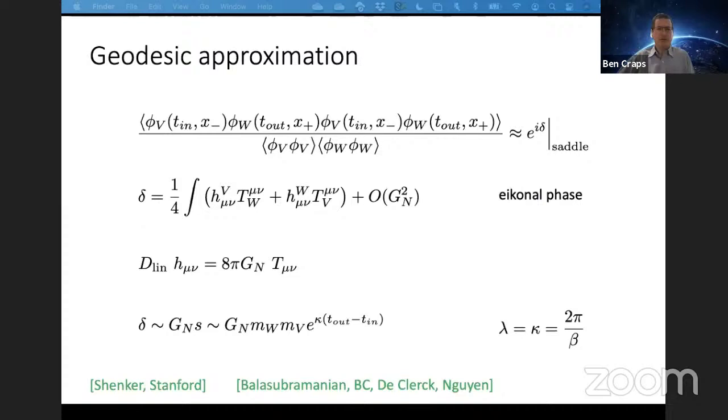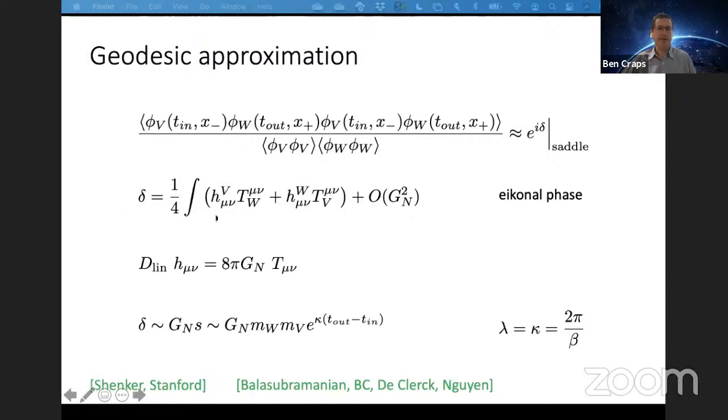All right, so to compute this 2-to-2 scattering amplitude, one can use geodesic approximations in appropriate regimes. In that case, the normalized amplitude can be written as the exponential of i times the eikonal phase I was mentioning before.